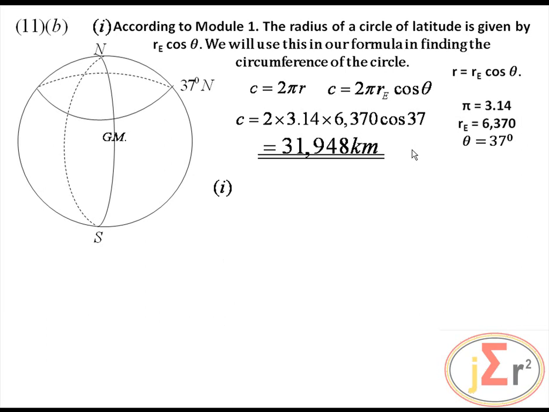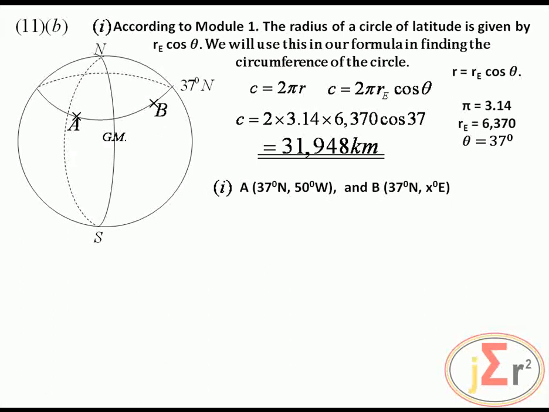Next, two towns A and B have coordinates 37 degrees north and 50 degrees west, and 37 degrees north and x degrees east. So both of them are on the same circle of latitude 37 degrees, whose circumference we have found. So A is 37 degrees north, 50 degrees west.